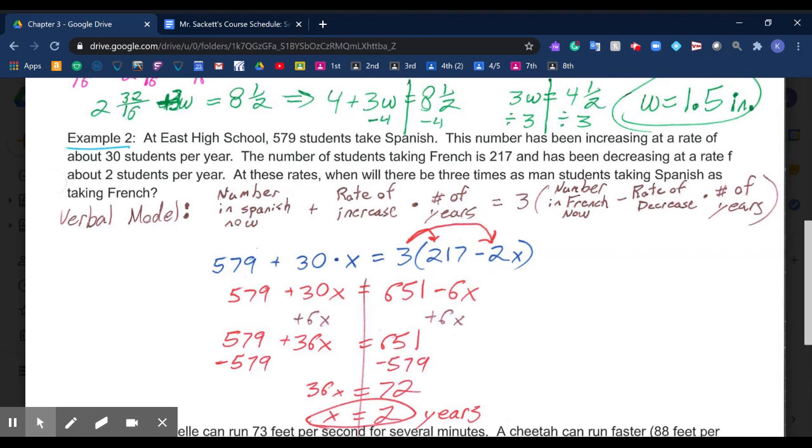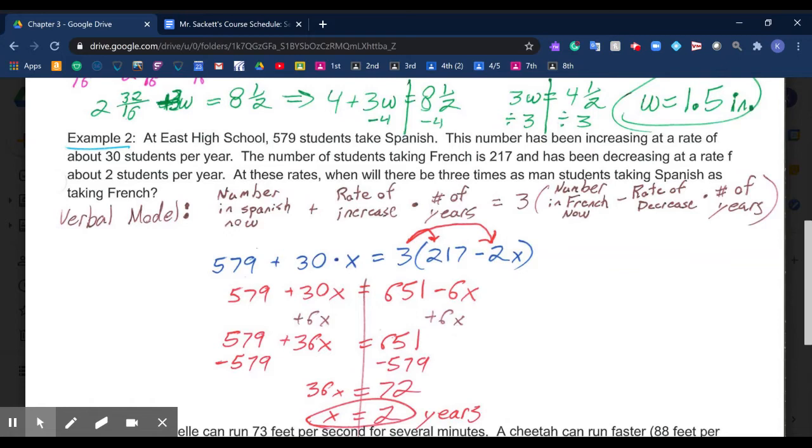So what we need to start with on the right is the distributive property to distribute that 3. So we'd have 3 multiplied by the 217, or 651, and then the 3 multiplied by the minus 2x, or negative 2x. So it'd be 651 minus 6x. So 579 plus 30x equals 651 minus 6x.